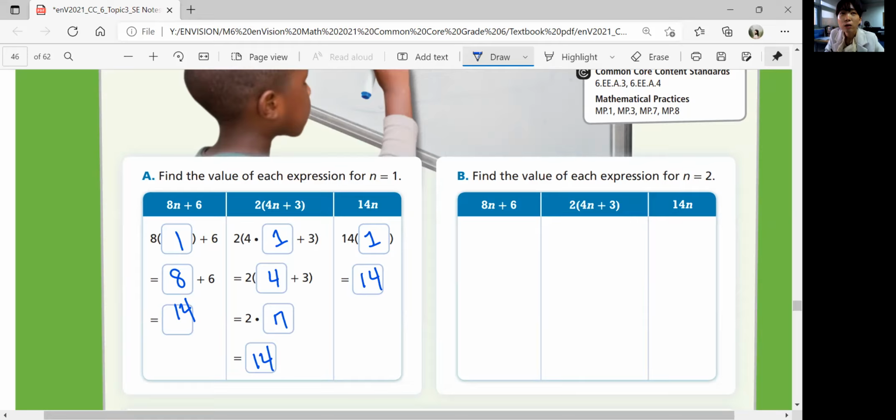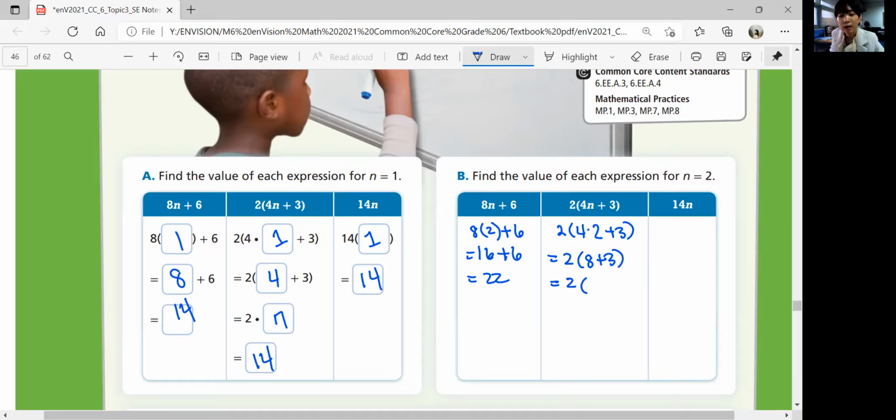How about when n is equal to 2? When n is equal to 2, 8n plus 6 is 8 times 2 plus 6. That's 16 plus 6, and that's 22. Okay, when n is equal to 2, the second expression is 2 times 4 times 2 plus 3, and that's equal to 8 plus 3 times 2.